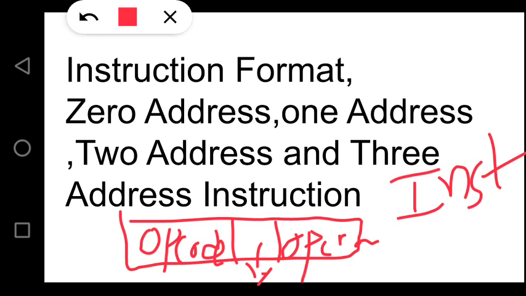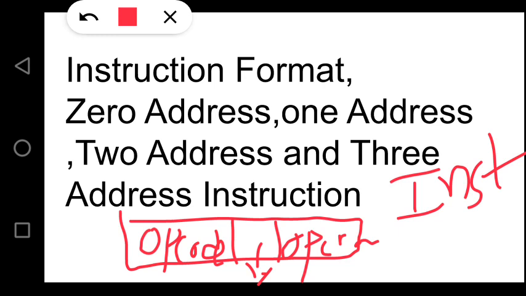The program counter is a special kind of register which contains the address of the next instruction to be executed, and its value is placed in the MAR, memory address register. The memory data register doesn't contain anything because it's a fetch operation.